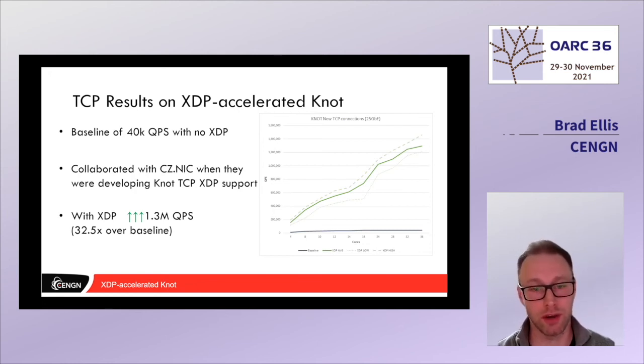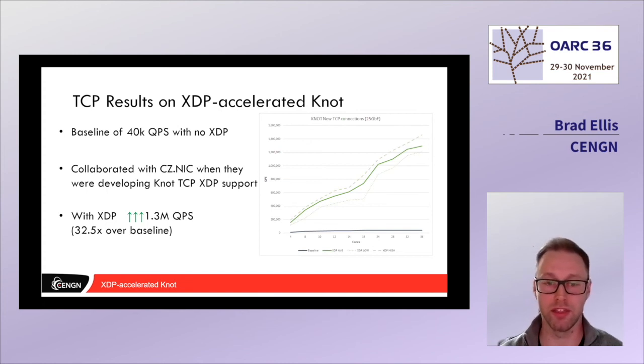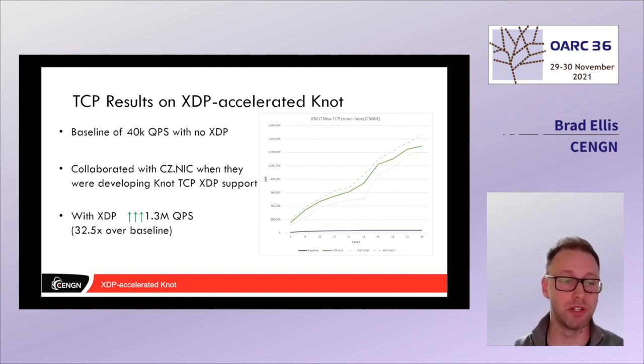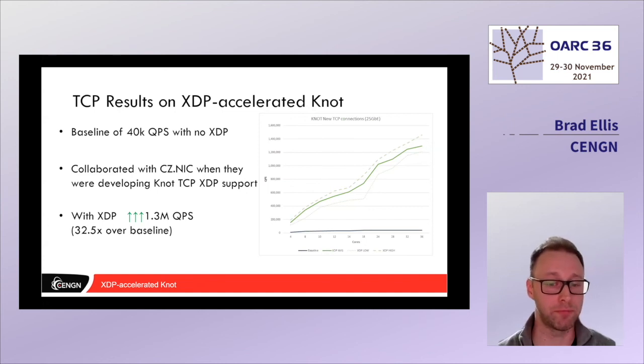I don't want to overstate how much we worked with them, but they were a great group to work with, always answering questions. We did what we could to test new features, new config changes, and file bugs if we found them. And towards the end, once everything was working, we achieved a maximum of 1.3 million queries per second with TCP.